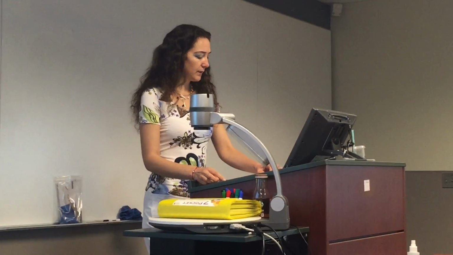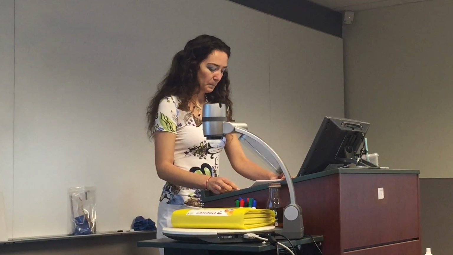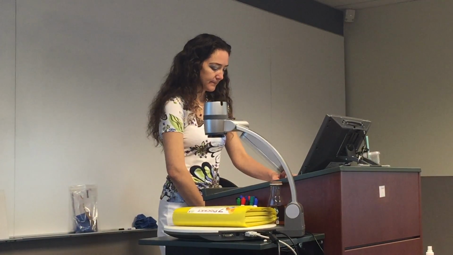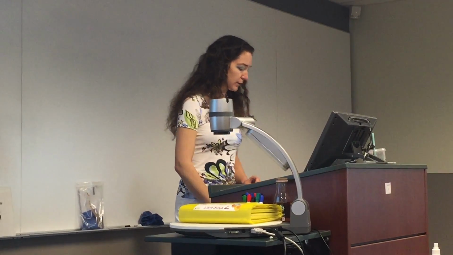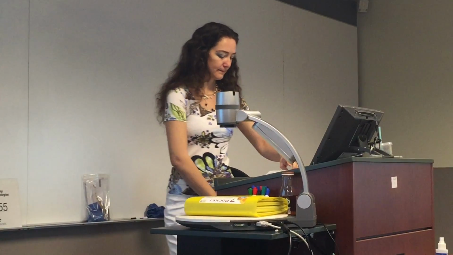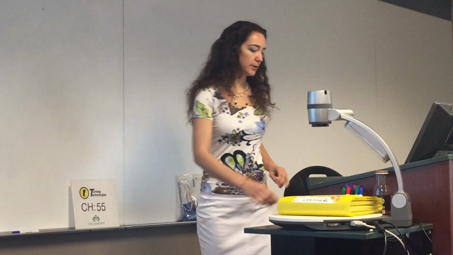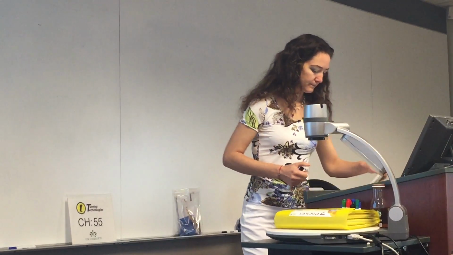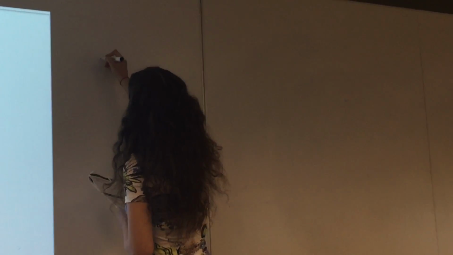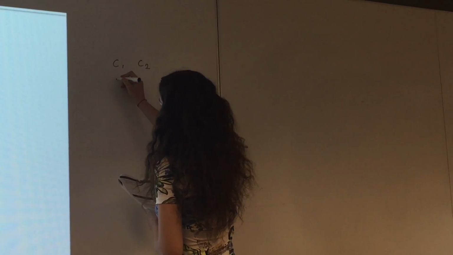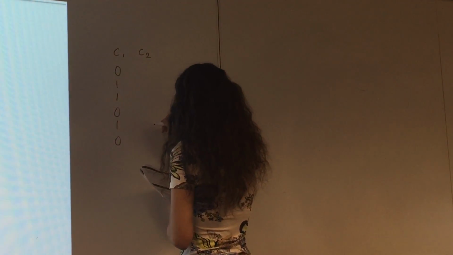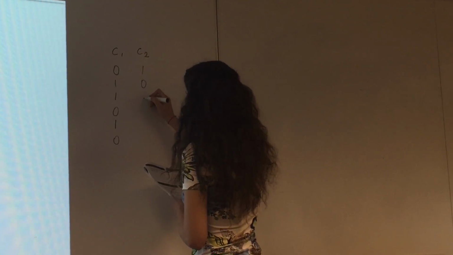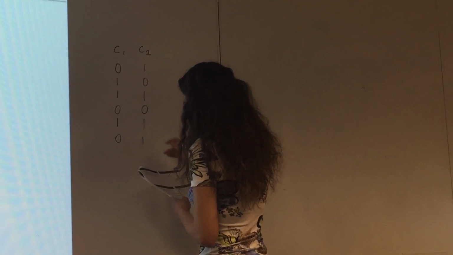We can think of them as two vectors. So if we think of them as two vectors, the first one is 0, 1, 1, 0, 1, 0, and the second one is 1, 0, 1, 0, 1, 1.